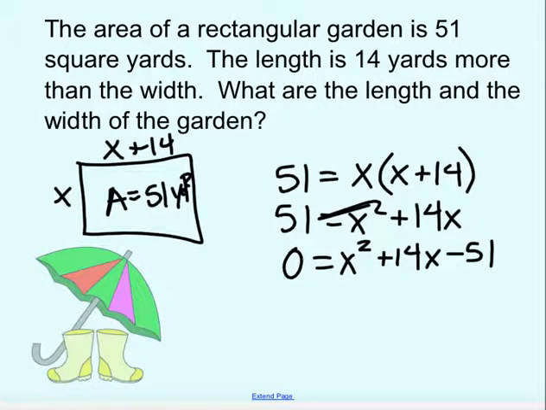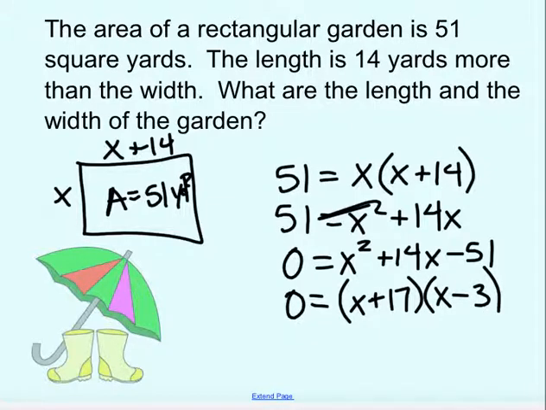And then, just like we did on the other pages, we're going to go ahead and factor this. Well, 51 is the same as 3 times 17. So I could do x plus 17 and an x minus 3. That would give me a negative 51 and add up to positive 14.